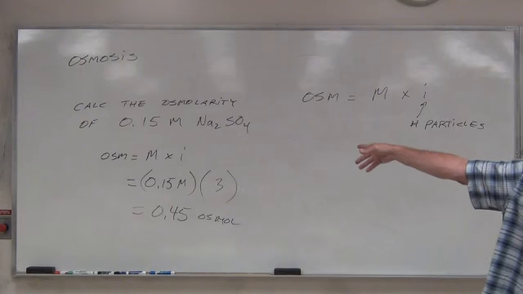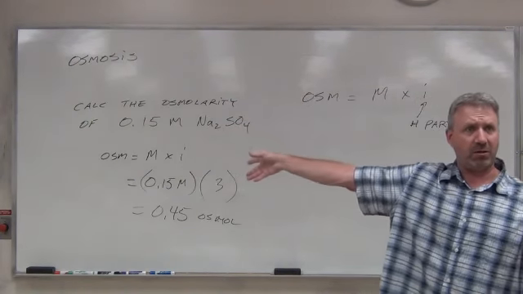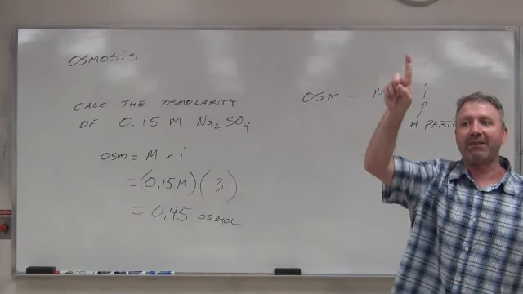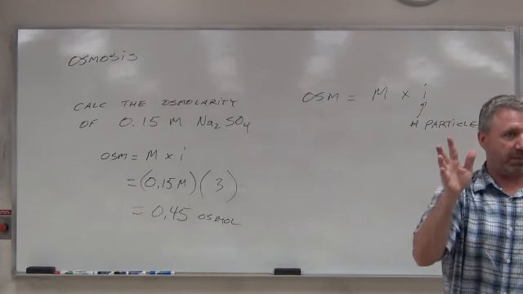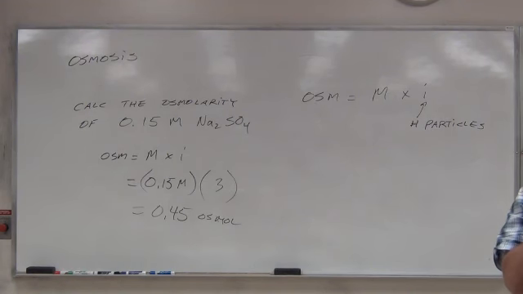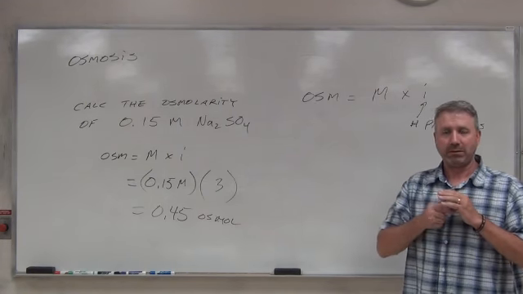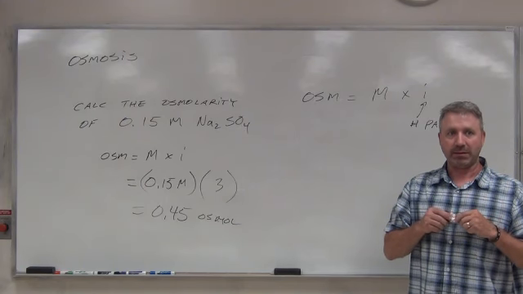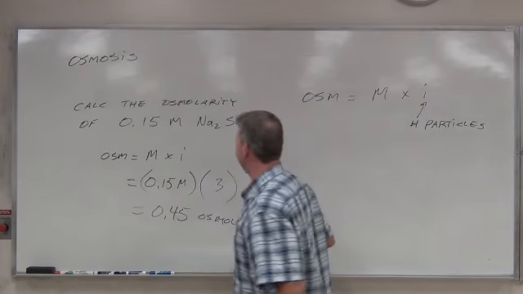So that sugar that we did earlier, C12H22O11, would have an I equal to 1, because it's just one big molecule. It doesn't break apart. Okay? You good? One more? All right.